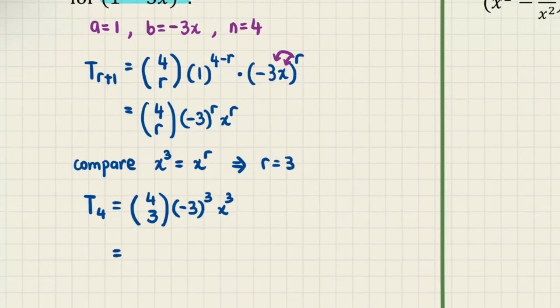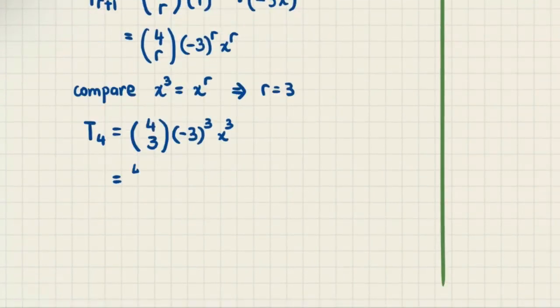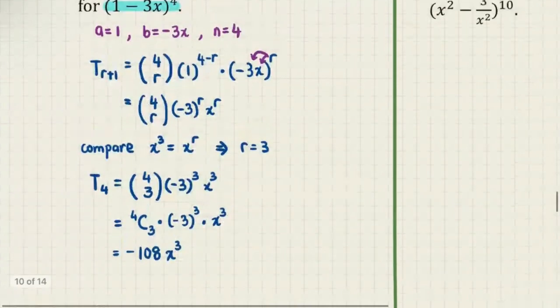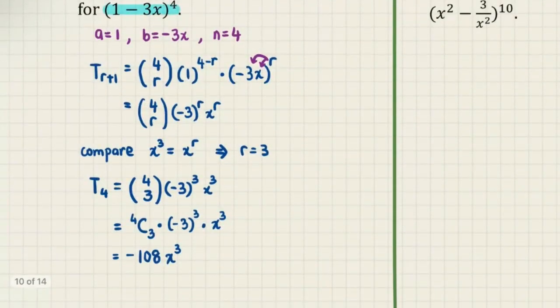Okay. So sekarang ni dah boleh tekan calculator lah. 4C3 multiply by negative 3 to the power of 3 multiply by x cube. Okay, 4C3 dapat apa? Sorry, dapat 3 ke 4? 4. Times negative 3 cube. So I get negative 108 of x cube. Okay. Tapi ini bukan final answer sebab soalan minta koefisien.